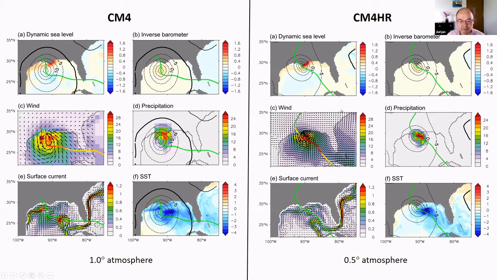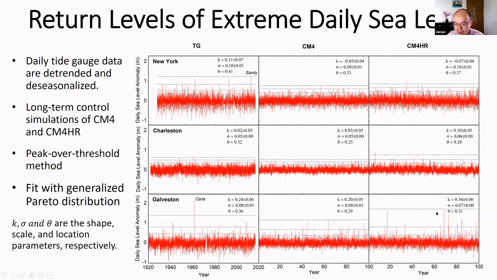You see the TC actually is stronger in the HR model, with stronger wind and also smaller size. And due to the stronger wind, you see the coastal surge height is higher in the HR model. So that's the reason why you see a higher return level.